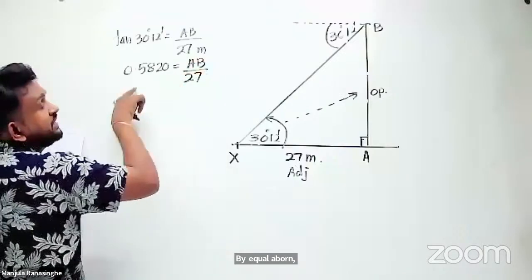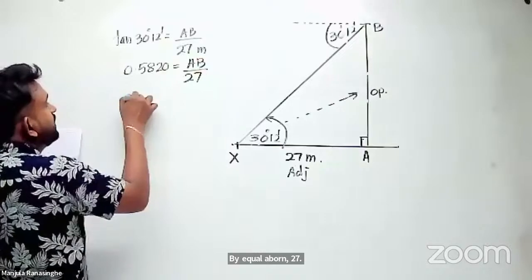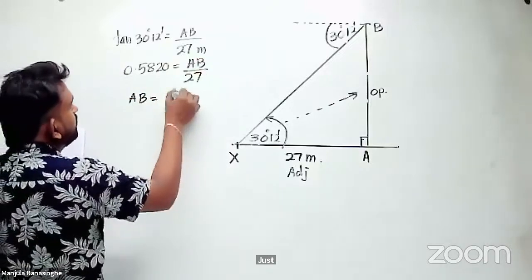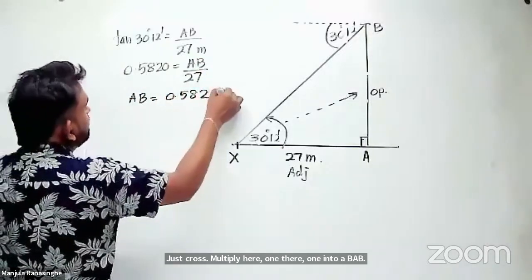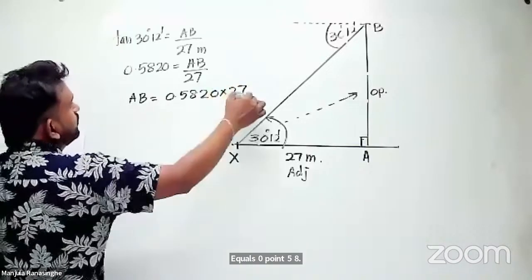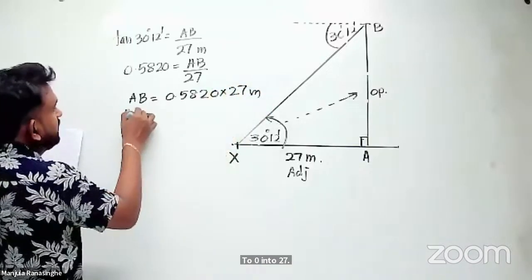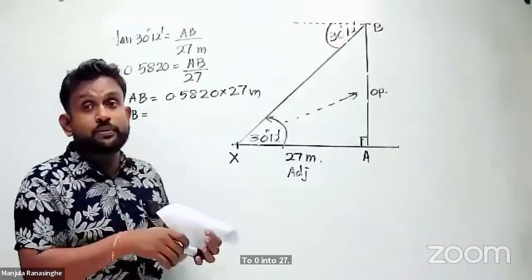Just cross multiply: AB equals 0.5820 times 27 meters. Then you can find out AB with the multiplication of this.